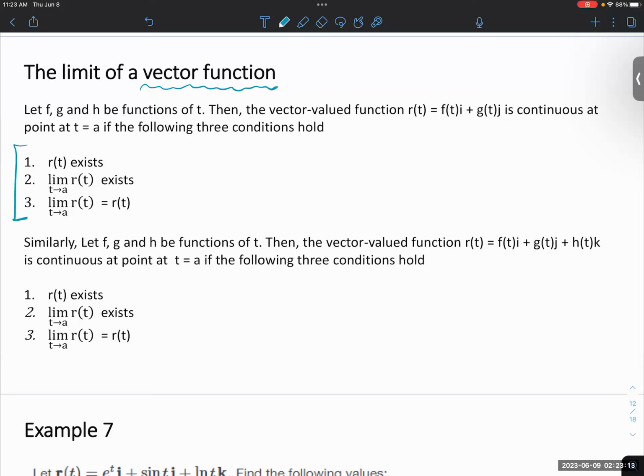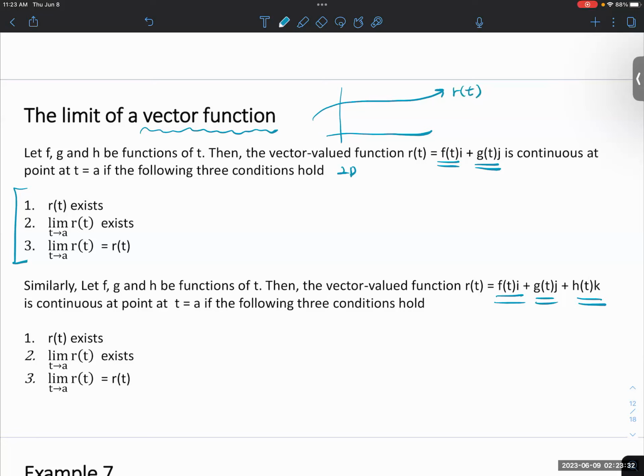To find the continuity of the vector valued function, there should be no hole and no break. The definition of continuity requires you to satisfy these 3 things. Let's take a look. This is just two-dimensional space; we have 2 components, and it could be 3 depending on the situation. Let's say we have a vector R of t, and I want to prove that it is continuous, which means there's no break, no hole. How to prove that?